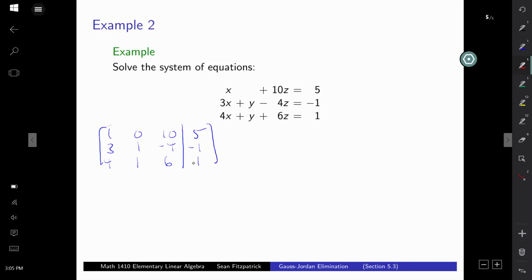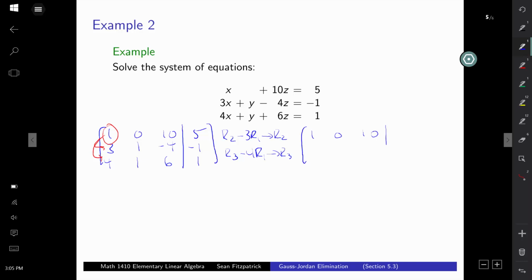Okay, again, things were handed to us in a convenient fashion. There's already a leading 1 where we want it, so we've got to use that leading 1 to create zeros. So we're going to do row 2 minus 3 row 1 and make that my new row 2. I'm going to do row 3 minus 4 row 1 and make that my new row 3.